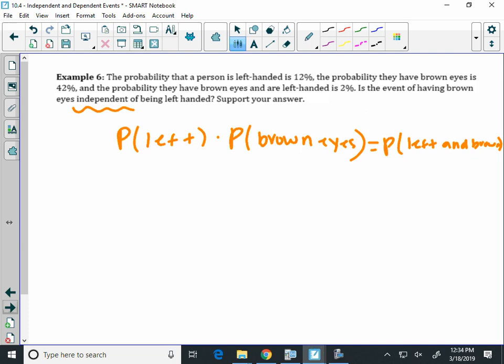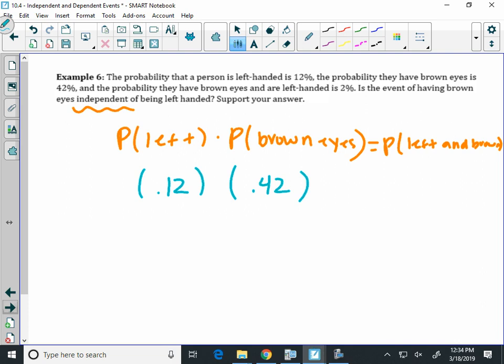Okay? Well, this time around, all our data is given to us in percents. So what do we have to convert those percents to? Not fractions, you're close. Decimals, good. I'll convert them to decimals. So what percent of people are left-handed in this scenario? 12%. So 0.12 times a percent of brown eyes, 0.42.